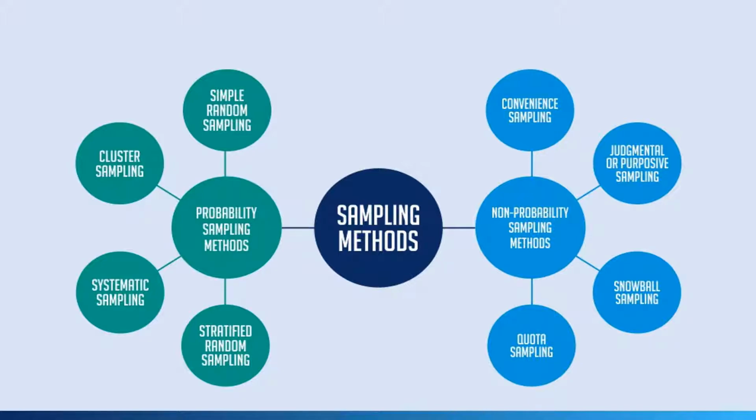That's why it's called probability sampling. For a participant or a respondent to be considered as a probability sample, that person must be selected using a random selection.